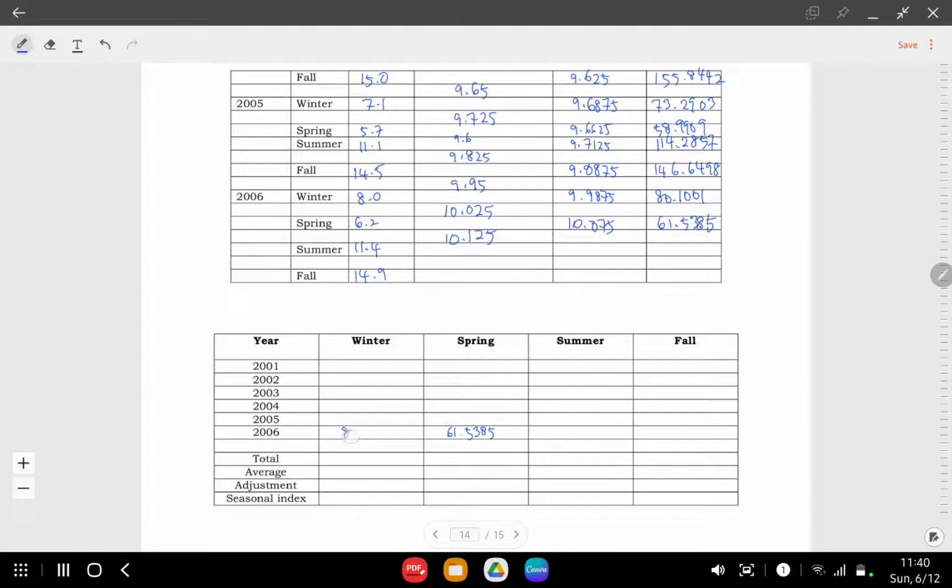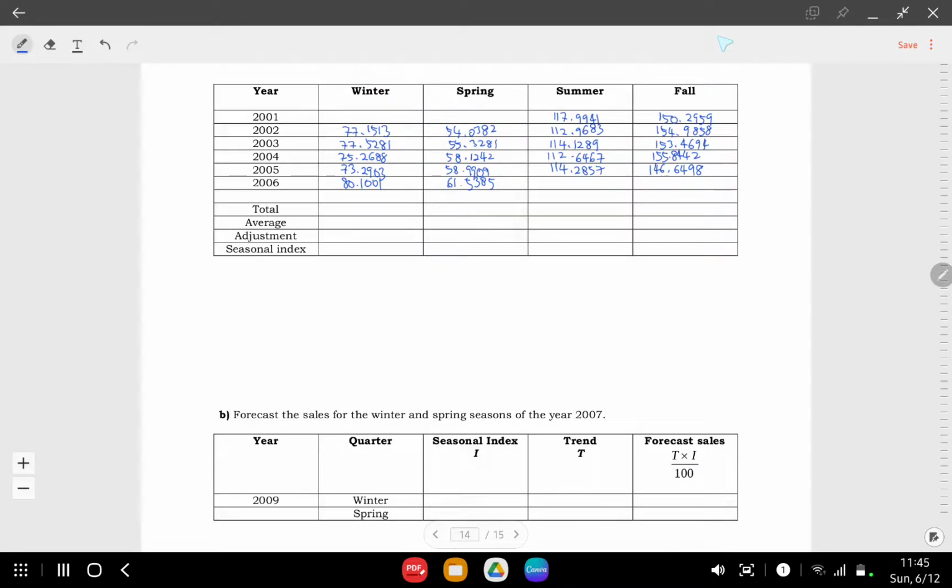Here 80.1001. Fall 2005 146.64898, and so on. These are all the seasonal index values that I had transferred in this new table.